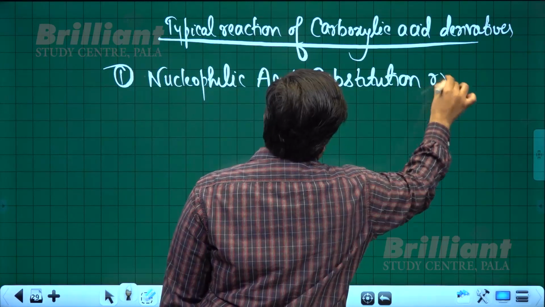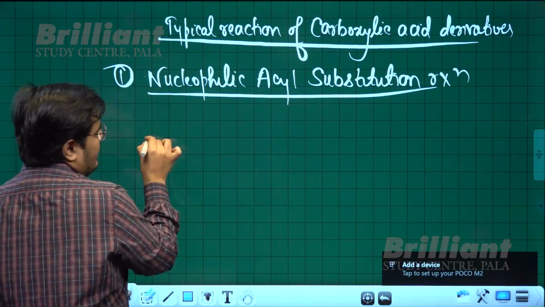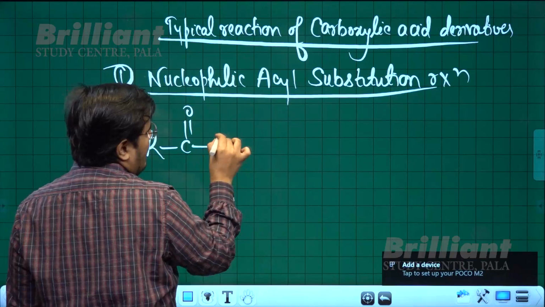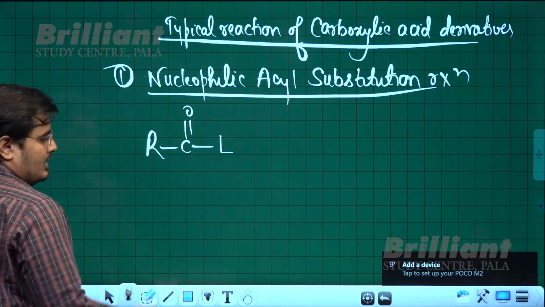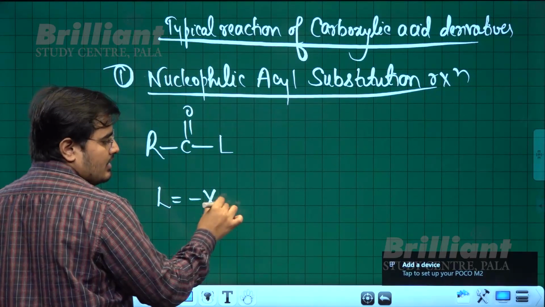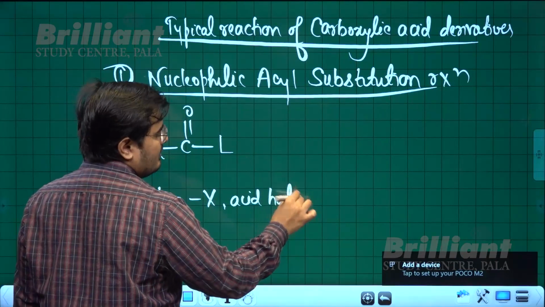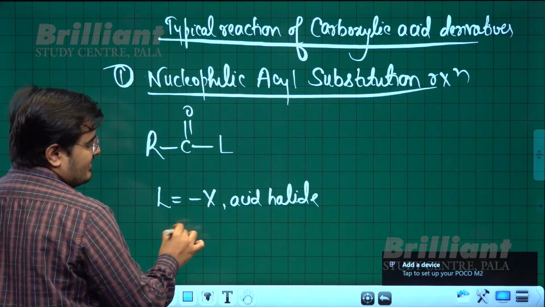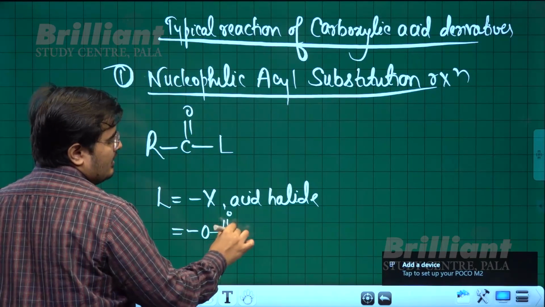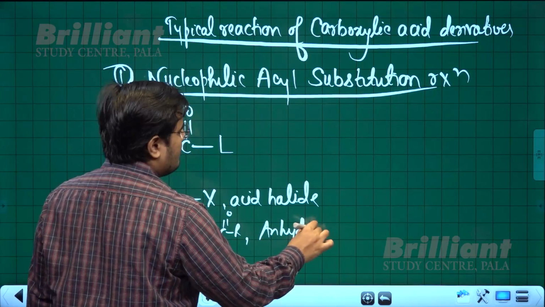Now what is a nucleophilic acyl substitution reaction? If I am having a carboxylic acid derivative as RCOL, where this L can be halogen, mainly chlorine, this will be an acid halide. If this L is OCOR, then this acid derivative will be an anhydride.